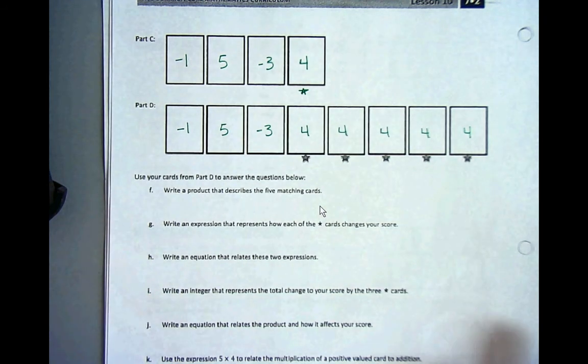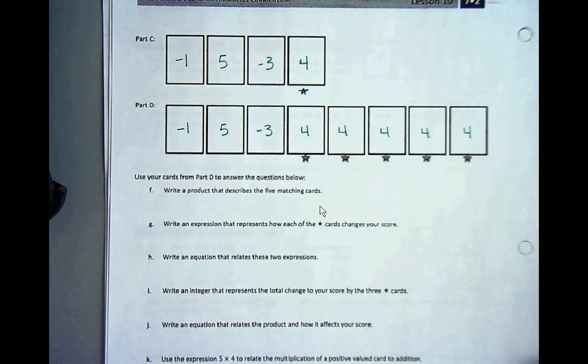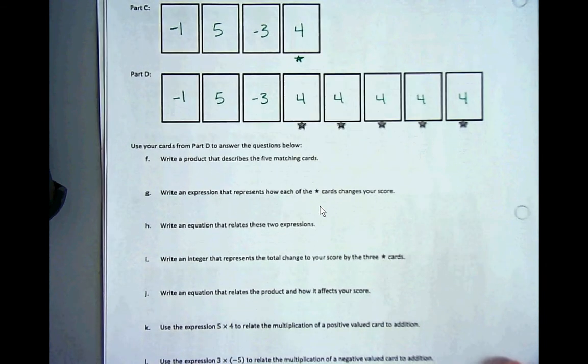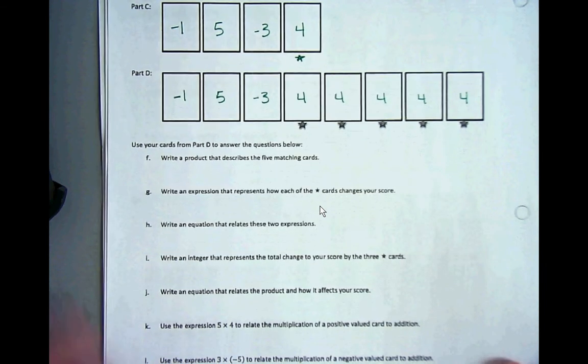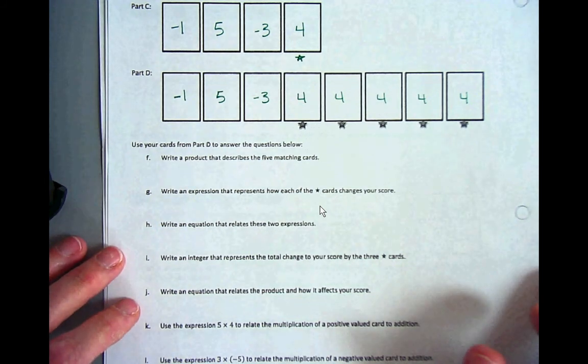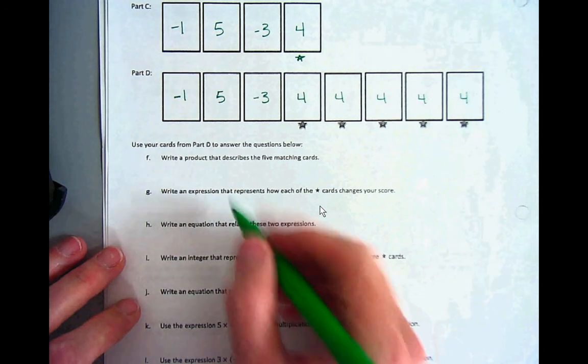Again, you can stop the video and see if you can answer questions F through J, and then restart the video and see if you got the same answers that I did. All right, so what you should have: write a product that describes 5 matching cards.